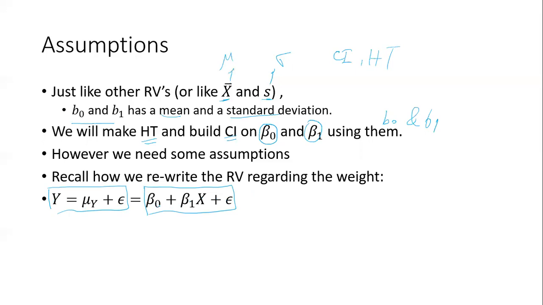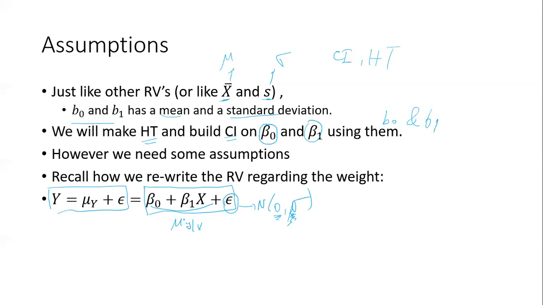So what does this mean? This is mu of y given x, and epsilon was a normally distributed random variable with mean 0 and standard deviation sigma. So what are the assumptions? First, epsilon is a normally distributed random variable with 0 mean and standard deviation sigma. What else?